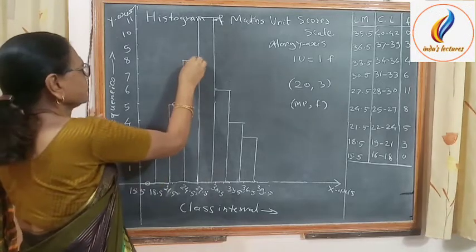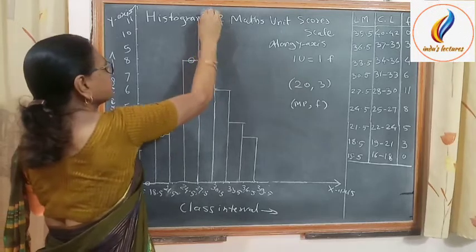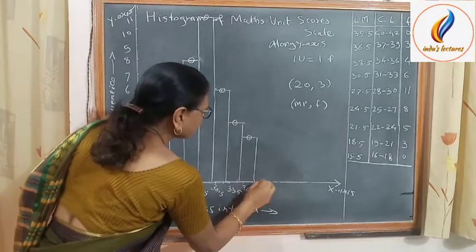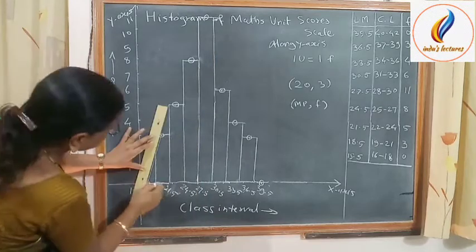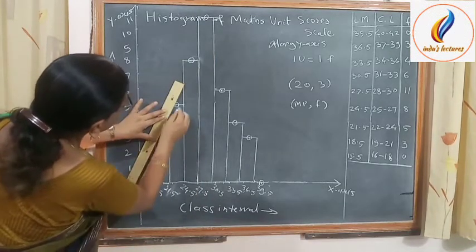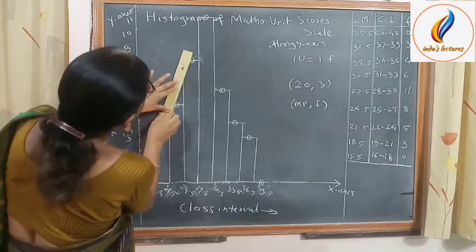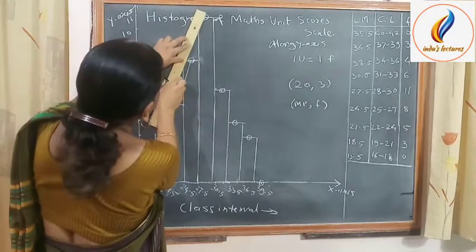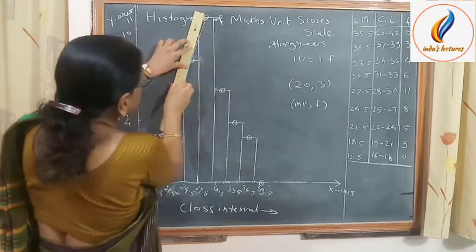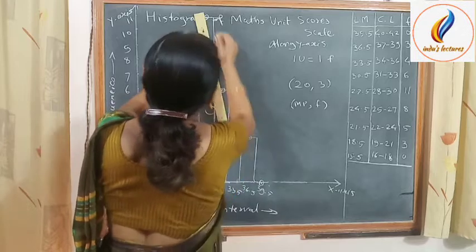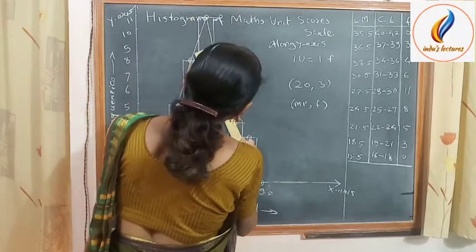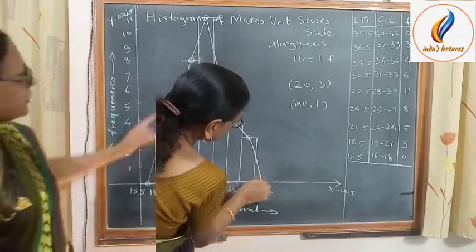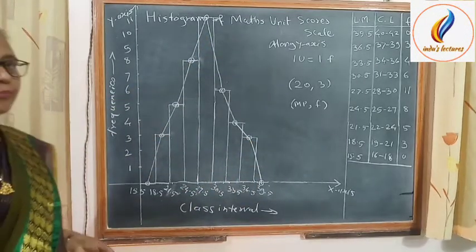Like this, if we plot the points and join these points by straight lines, then this figure, or this graph, is called a frequency polygon.